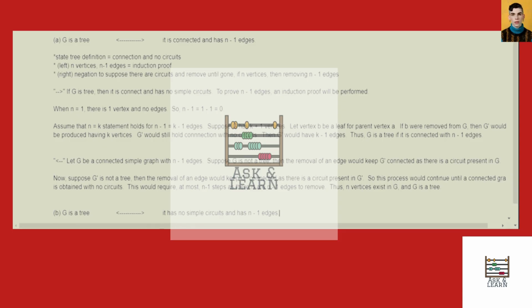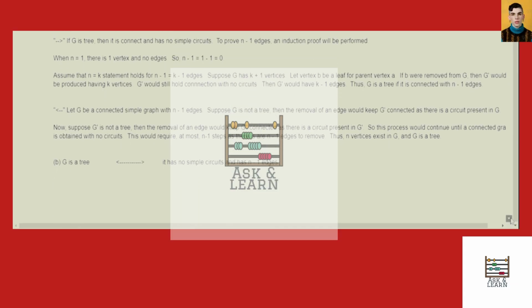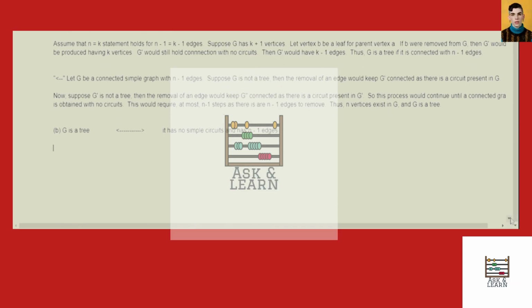Now for part B, this one's going to be a little bit different. First off, the left to right is going to be the same as part A's left, basically. So we can just refer back to that one and call it a day.